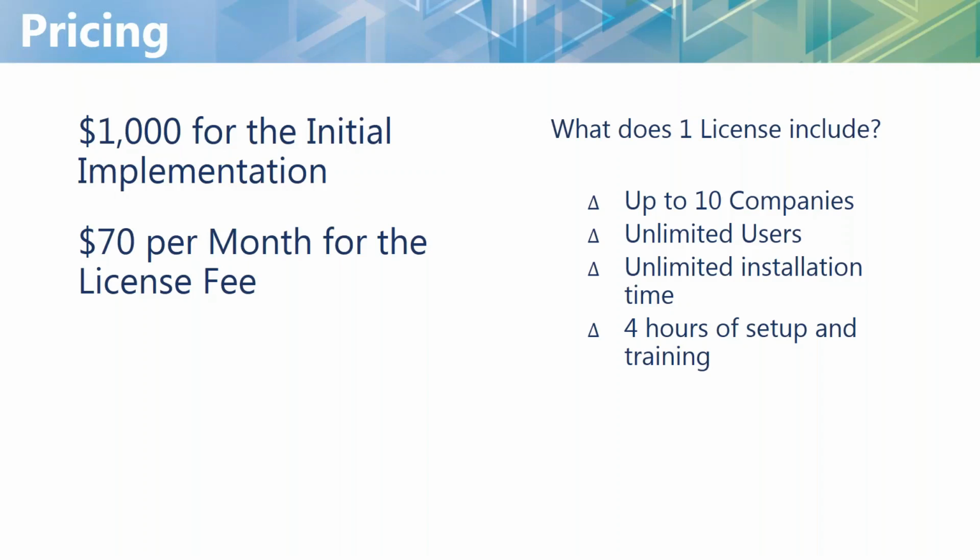Then there's the $70 per month license fee. That one license is going to get you access to up to 10 separate GP databases at separate companies in ActiveReporter, unlimited users across those companies, and then access to all further updates and items like that for the product.